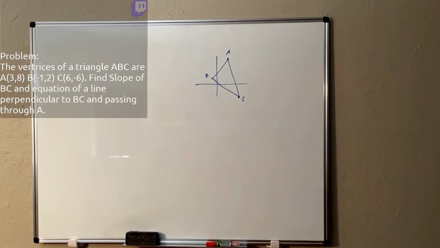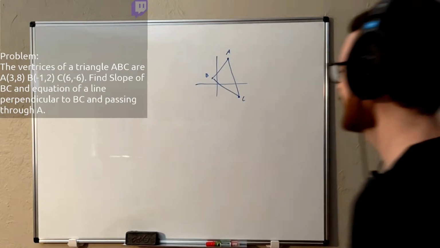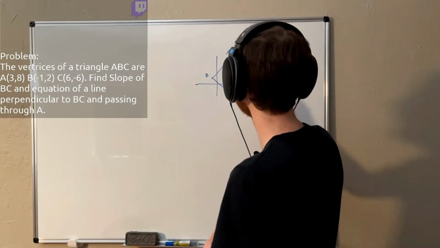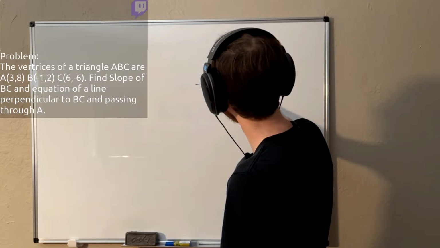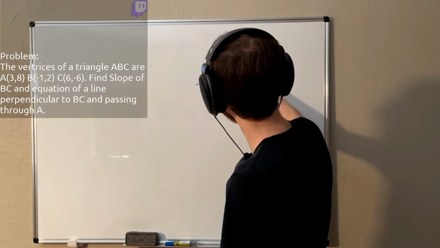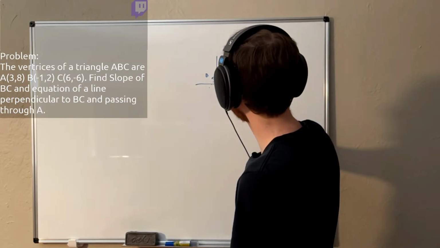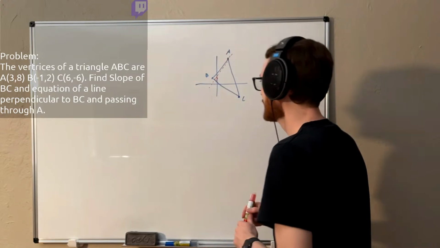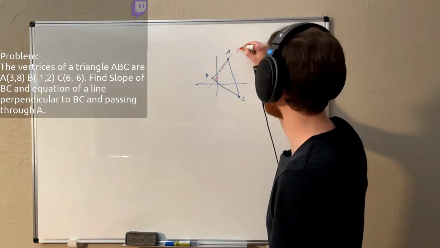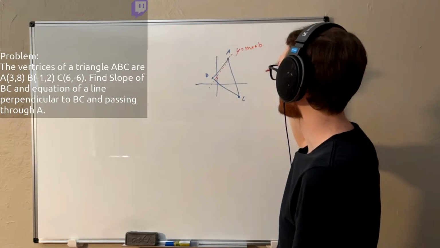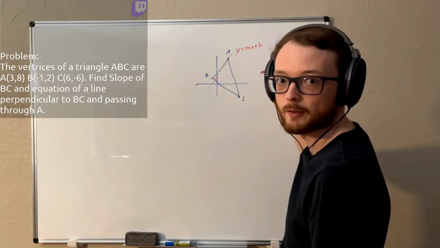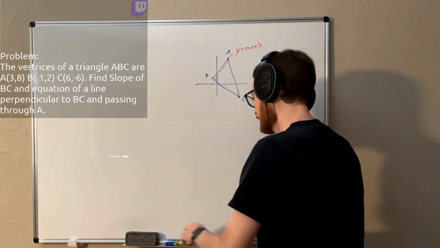We want perpendicular to BC and passing through A. So the line that we want is something like that, if I actually had art skills. We know the equation of a line is y equals mx plus b. So the task is to figure out what m is, and what b is, and then we have our answer.